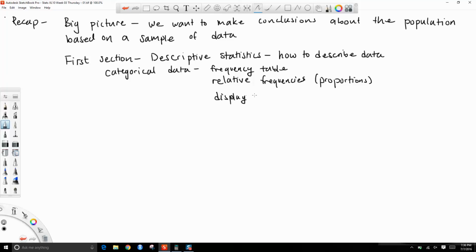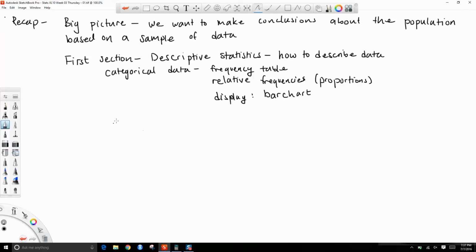with, what can we use to display categorical data? Yeah, I'm asking you. What can we use to display categorical data? A bar chart, okay.